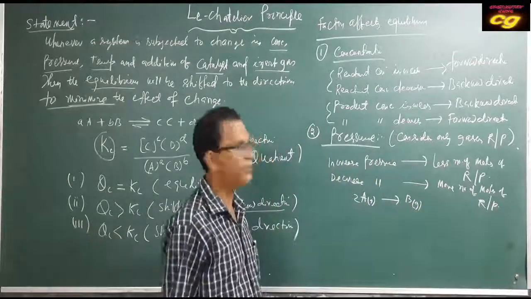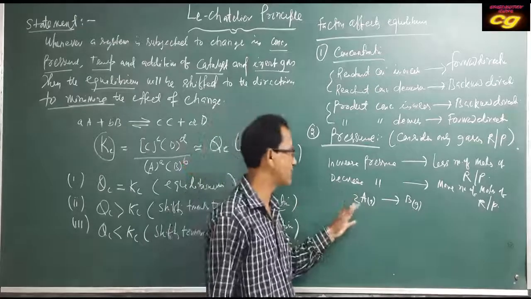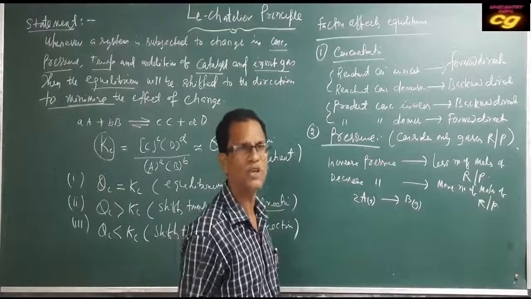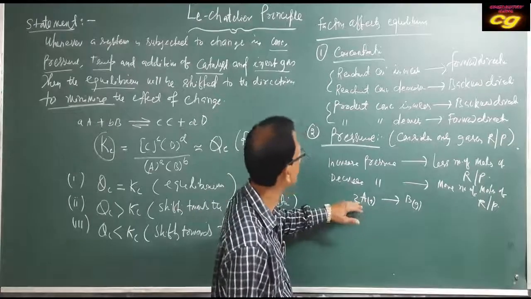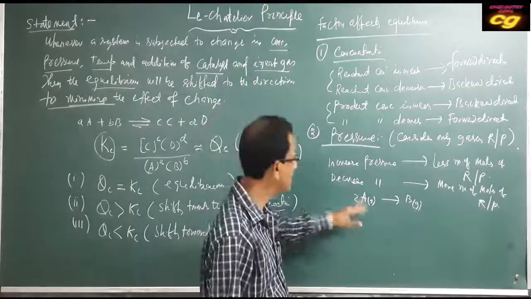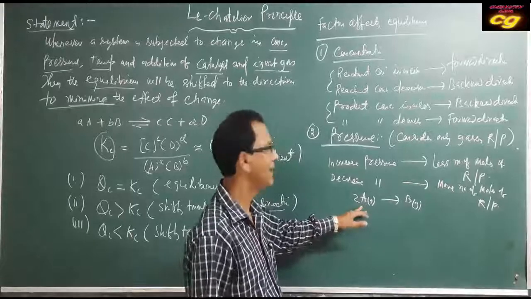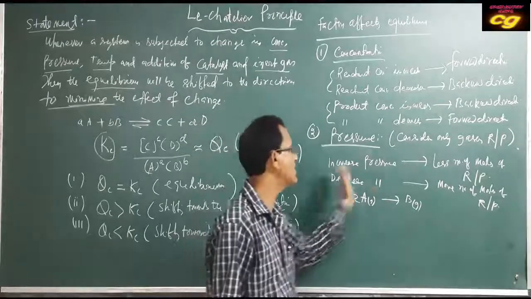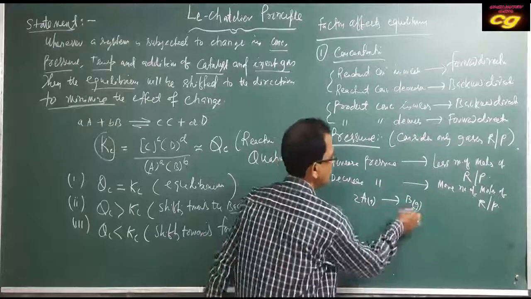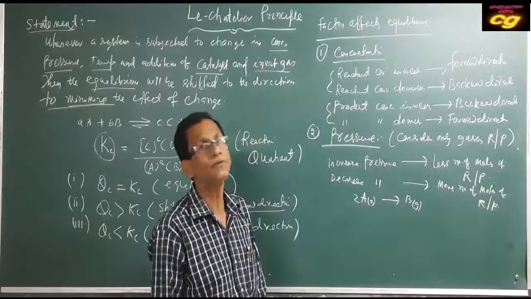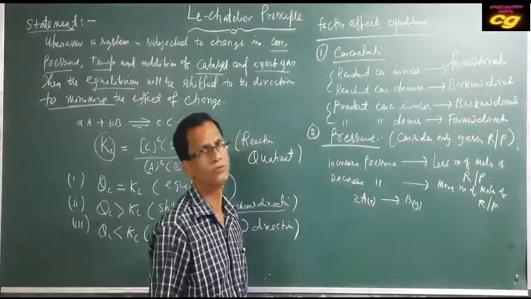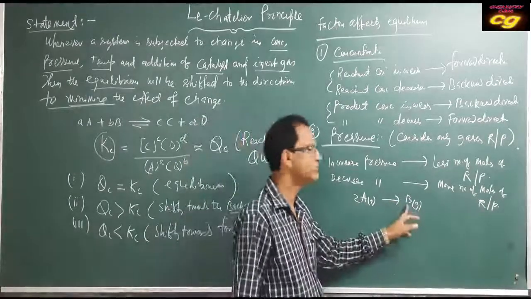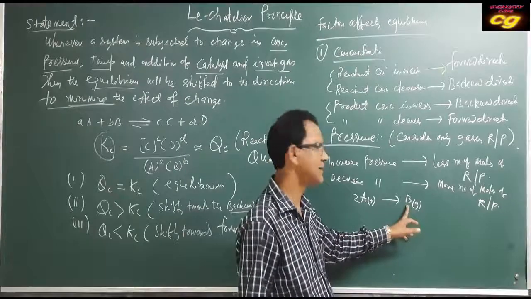If you increase the pressure, here you see which side has more moles: the reactant side has more moles. Increased pressure will shift the equilibrium towards the forward direction, because the forward direction has fewer molecules of product. The number of molecules of product is less on the right side, that is the product side.